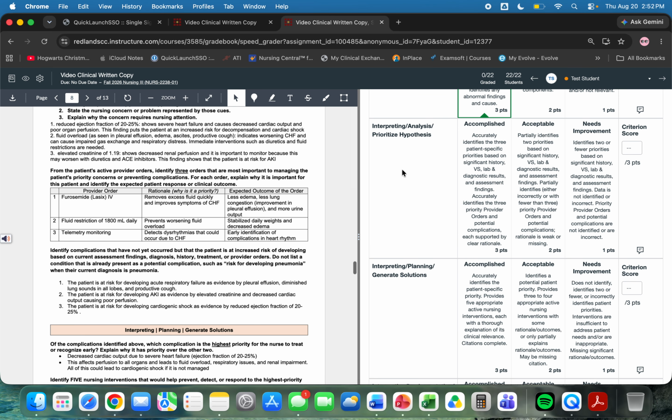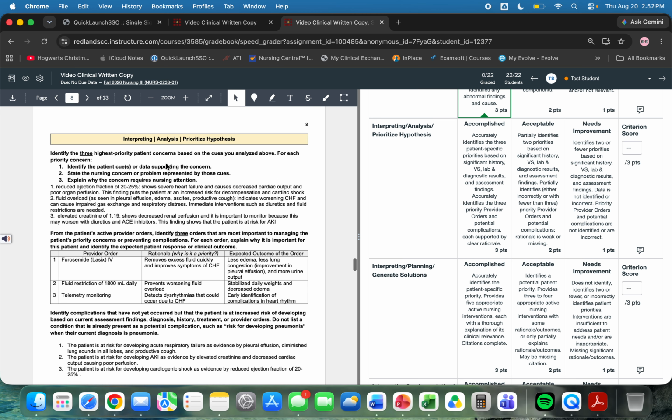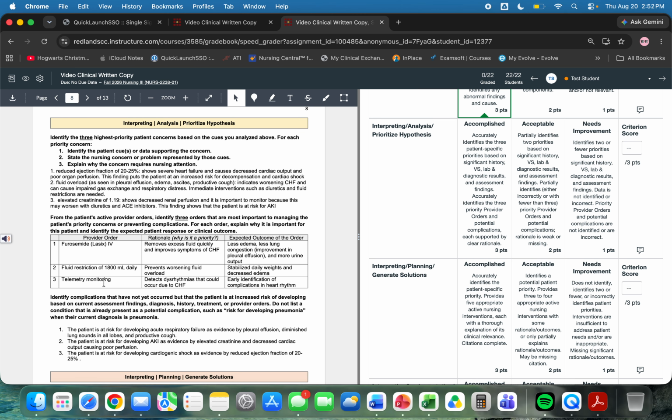The next section inside this is going to be from the orders that you identified. What are the 3 that are most important to managing these problems? Okay, so for the problems that she identified, she said that Lasix, which is great. She's talking about fluid overload up here. A fluid restriction of 1,800 mils is also great. Again, it goes along the lines of our fluid overload.